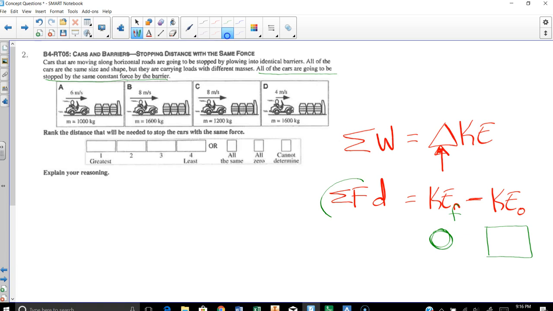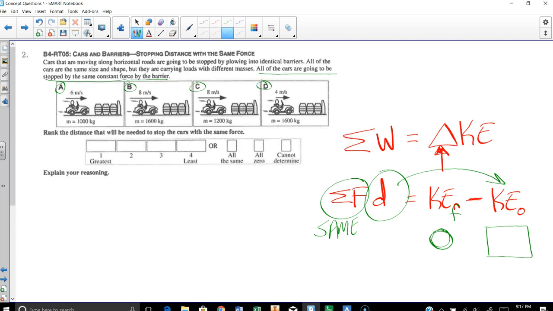So we're assuming the barrier provides the net force, and the force is the same for everybody. If that's the same, and the final is the same, then this distance is solely dependent on whoever has the most kinetic energy to start. Whoever has the most kinetic energy at the beginning is going to take the longest distance to stop.